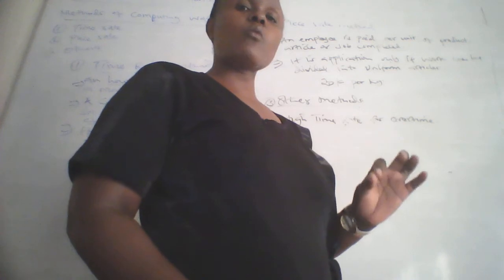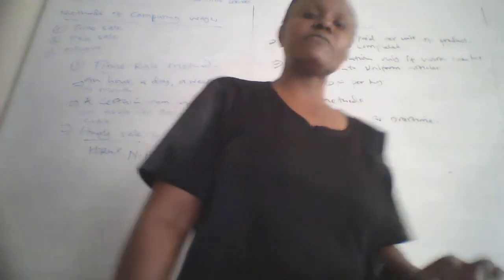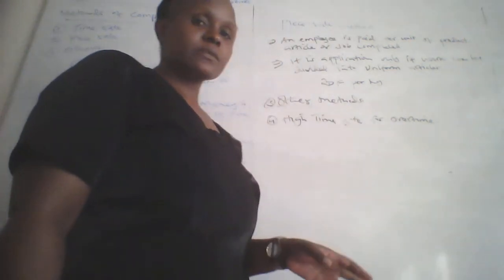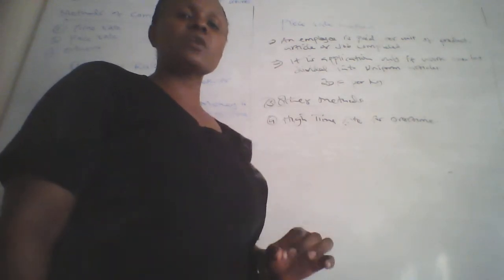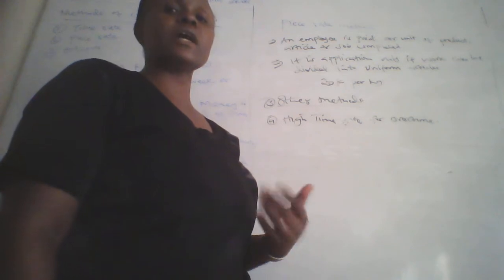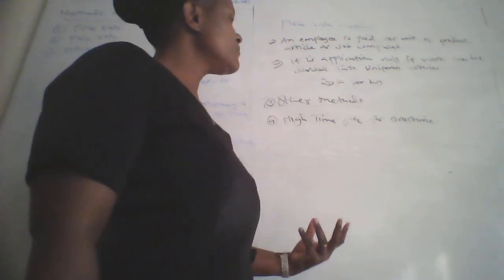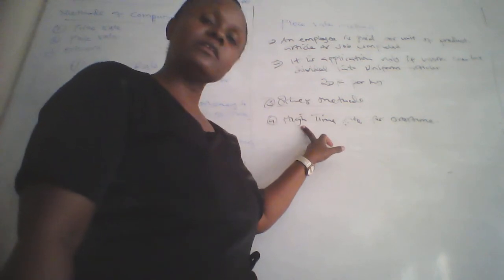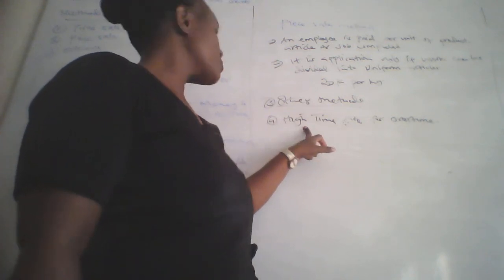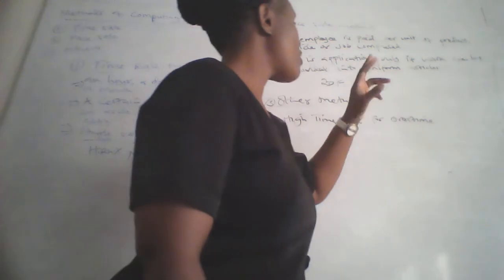For the normal working hours, employees receive the normal wage rate. Then for any extra hours which an employee has worked, they receive a higher rate than the normal rate. That's why we call it high time rate for overtime.